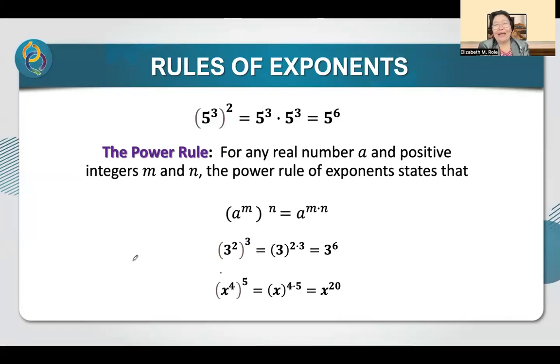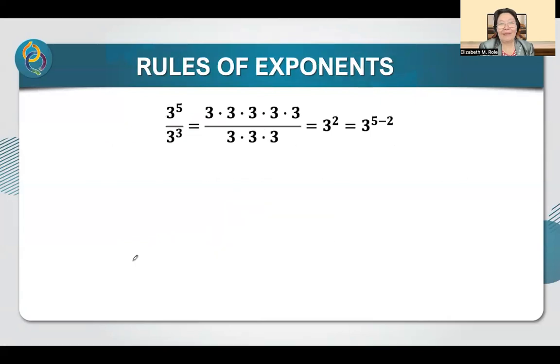That's the second rule, the power rule. For the product of the same base with different exponents, add the exponents. But if you raise a power to a power again, multiply the exponents. So that is a to the m to the n equals a to the m times n. That's the power rule.